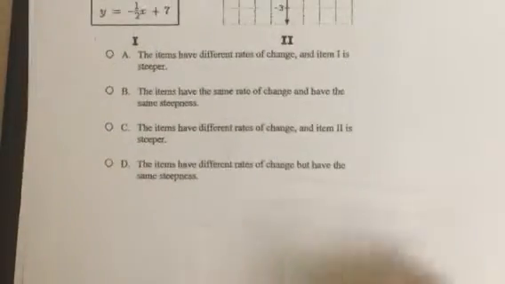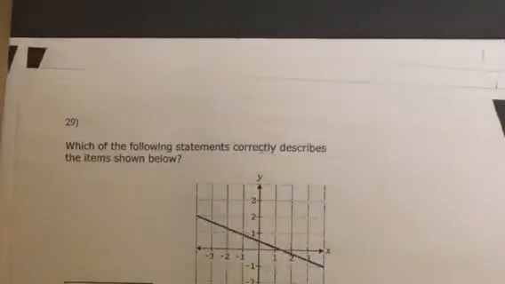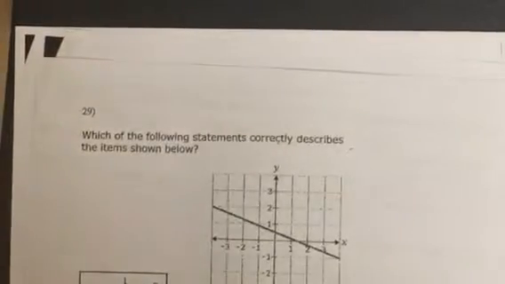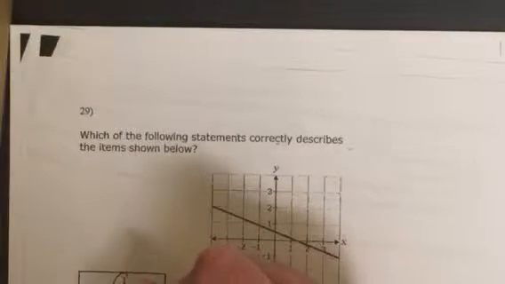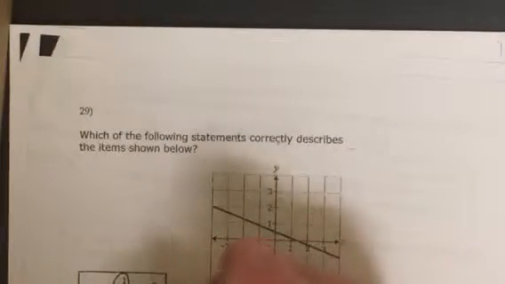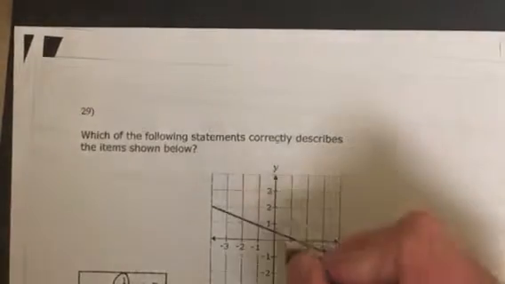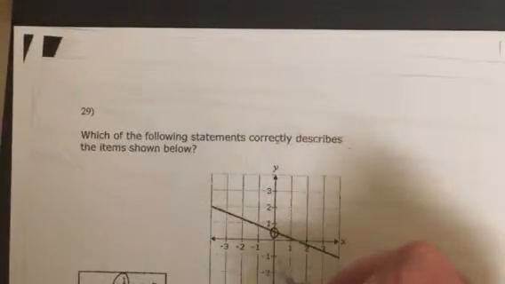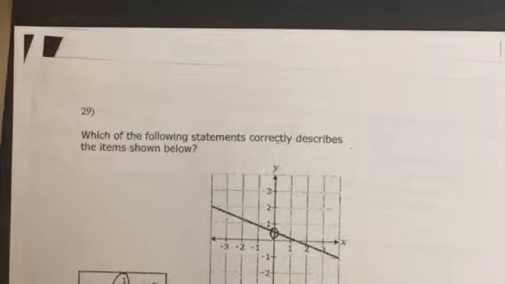All right, number 29. Okay, this says, which of the following describes the item shown below statements correctly. So this is a -1/2 slope, and it begins at +7. Now this does not begin at +7, it begins at 0.5. But it does have a slope, so let's see what that slope is.